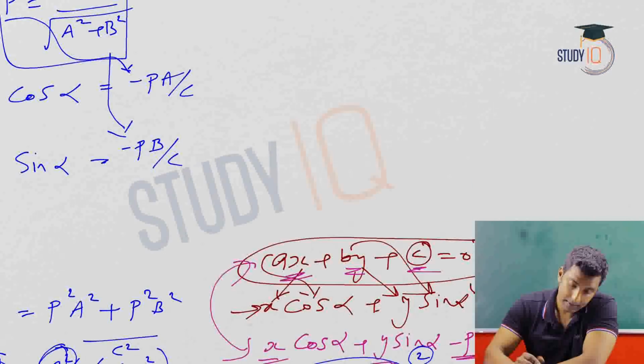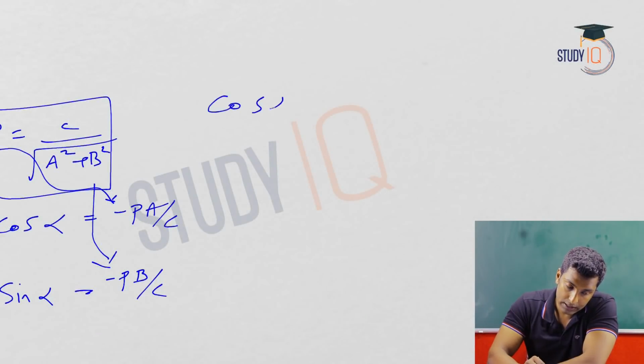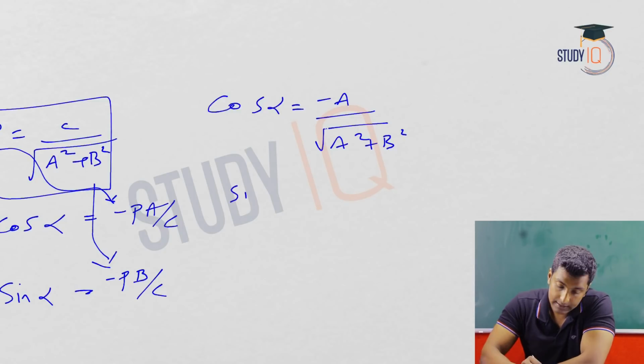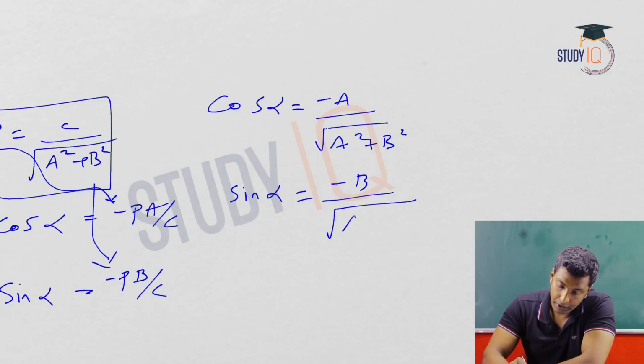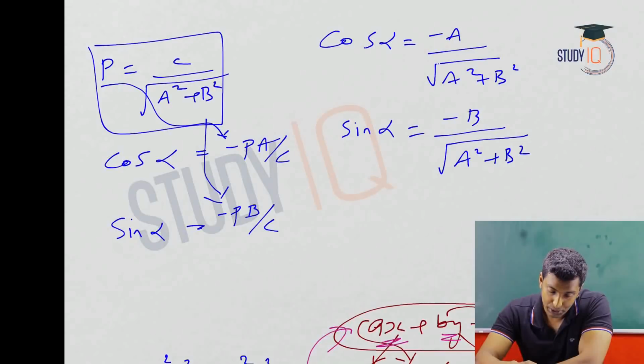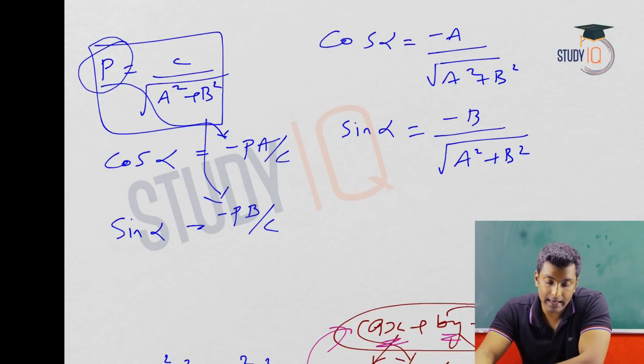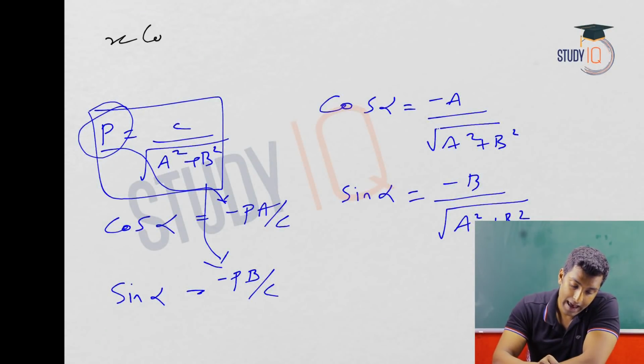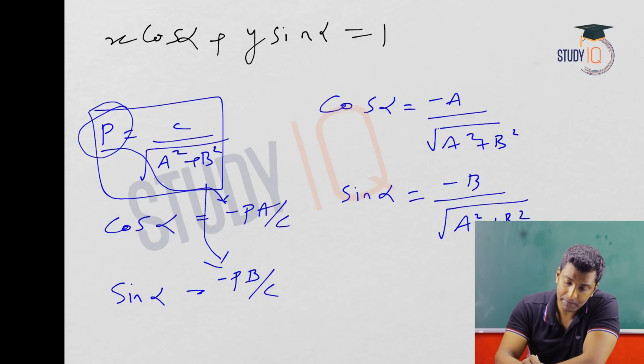So what you will get is cos alpha equal to minus a divided by root of a square plus b square, sin alpha equal to minus b divided by root of a square plus b square. Okay, so what is p? p is c divided by root of a square plus b square. Now what was your normal form? x cos alpha plus y sin alpha equal to p.